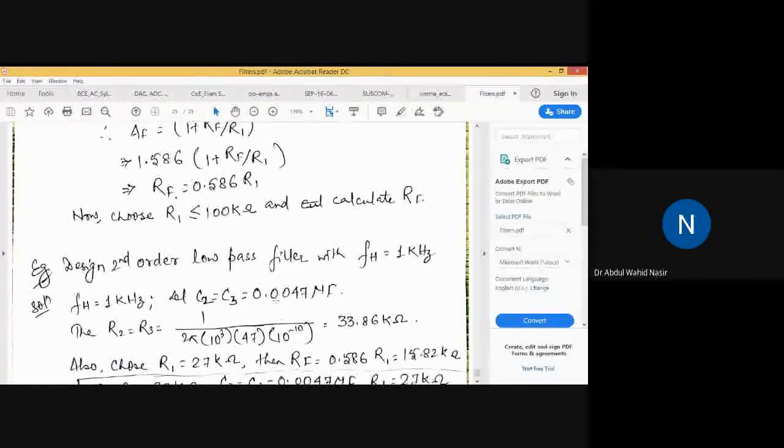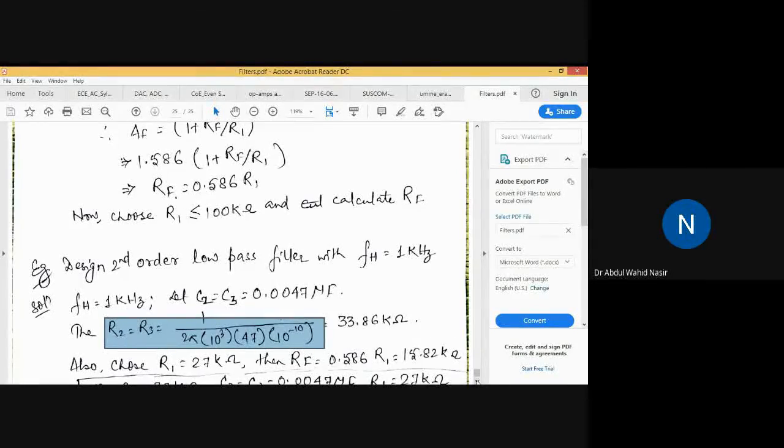You can choose 0.1 also, you can take 0.05 also. Anything you can take, but it should be less than 1 microfarad. Now, if you take this value of C2 and C3, 0.0047 microfarad, then from there you can calculate the values of R2 and R3 using this relation, and you will end up with R2 and R3 as 33.86 kilo ohm. Clear?